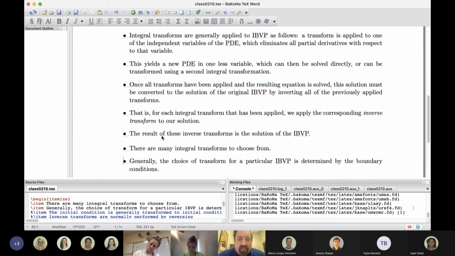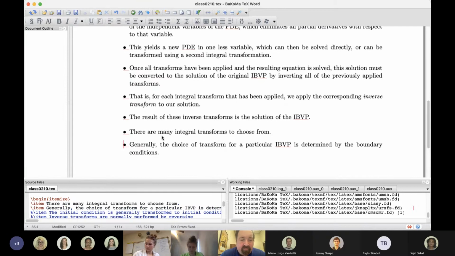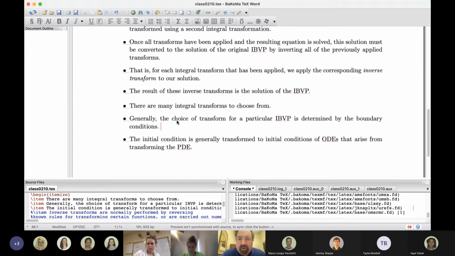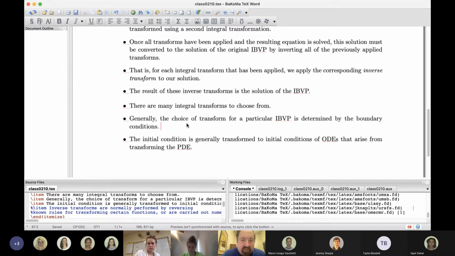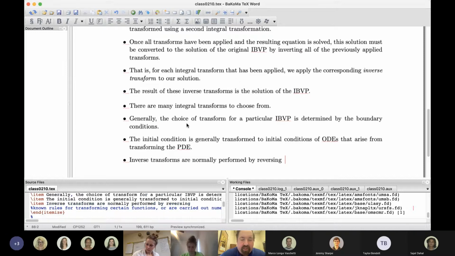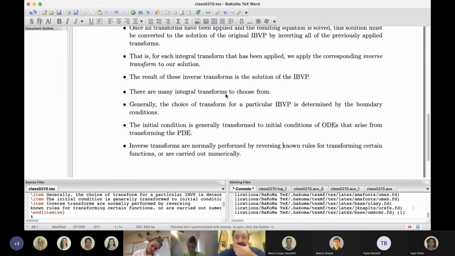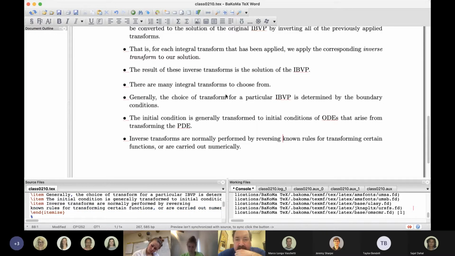Now we do have a lot of transforms. And even if we say Fourier transform, which is our focus in this class, there are several Fourier transforms. How you choose one depends on certain things like what is the domain of your problem? What are the boundary conditions? So factors like that make it easier to choose which transform you need.